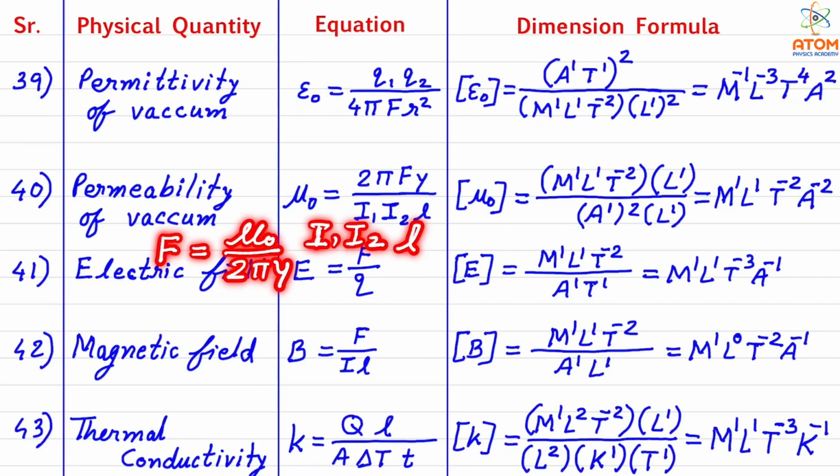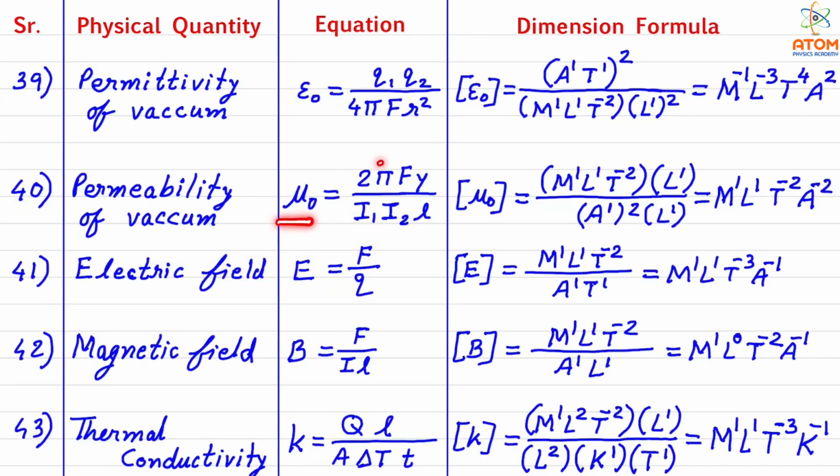The currents are I1 and I2, the length of the wire is L, and the distance between both of the wires is y. Now from this I have to take mu 0 as a subject. So if I take mu 0 as subject, then the equation will be as given here.